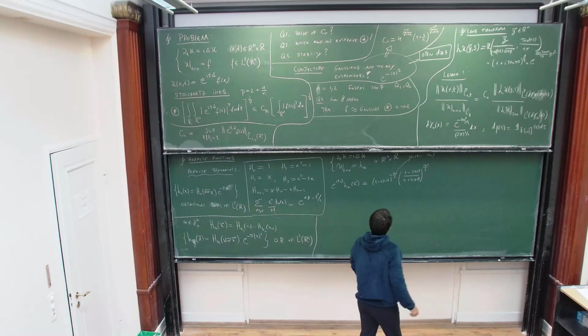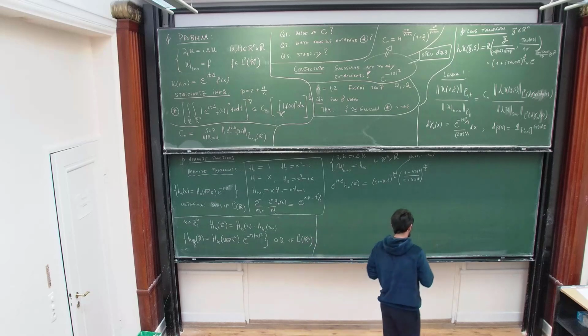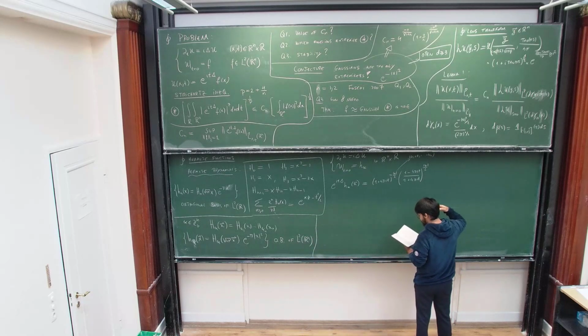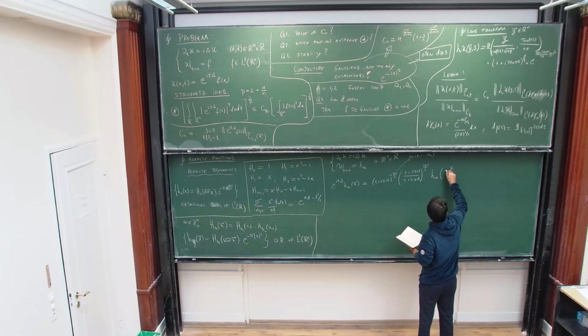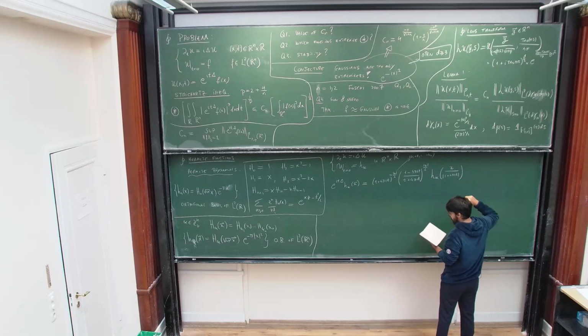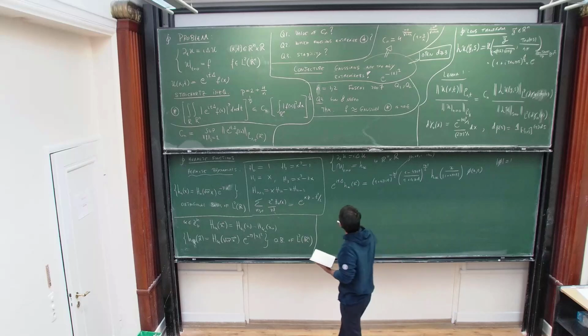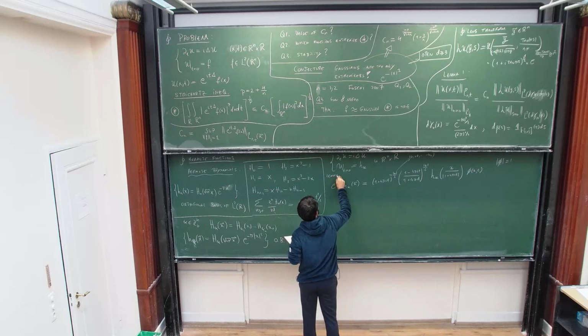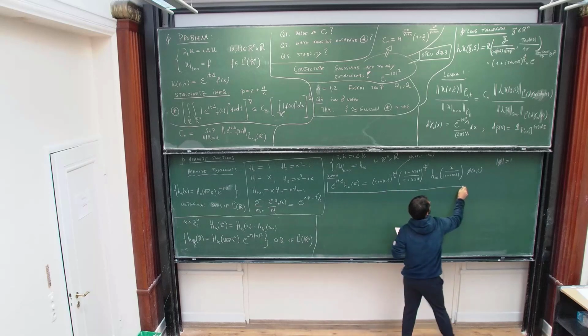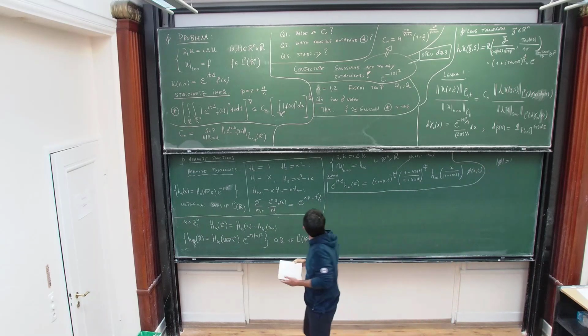And it continues, of course, and that is just H alpha of x, up to some factor that we don't care about, which does not depend on n, and has modulus 1.